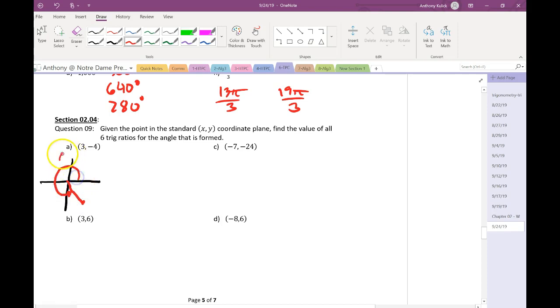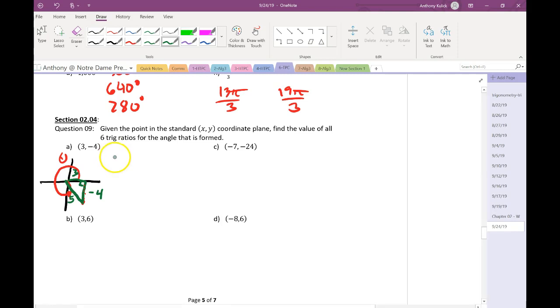So the angle theta that I'm making is right here. The triangle I'm making always goes back to the x-axis. To get down to that point P, we had to go minus 4 down, and then 3 to the right. To find the hypotenuse, I can use the Pythagorean Theorem. I'm not going to write any of that down. I'm just going to hope you trust me that it's 5.